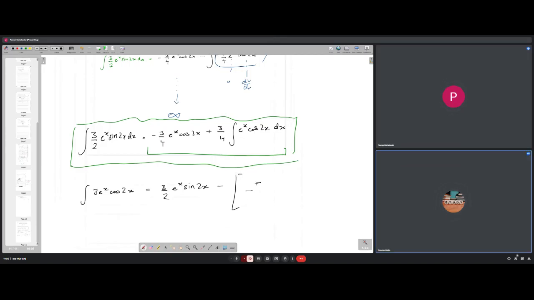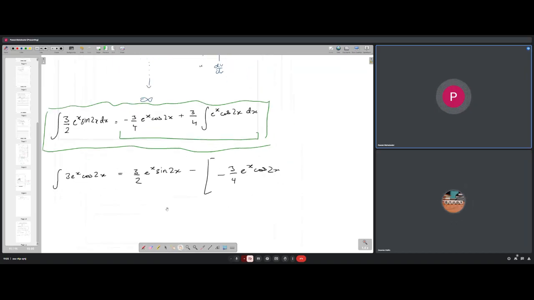Equal to minus 3/4 e to the x cosine of 2x plus the integral of, so 3/4 integral of e to the x cosine of 2x, like so, with respect to dx. Are you happy with this so far?